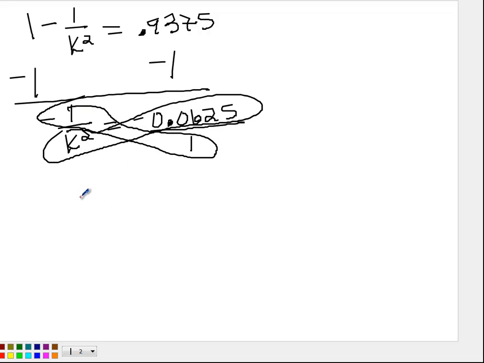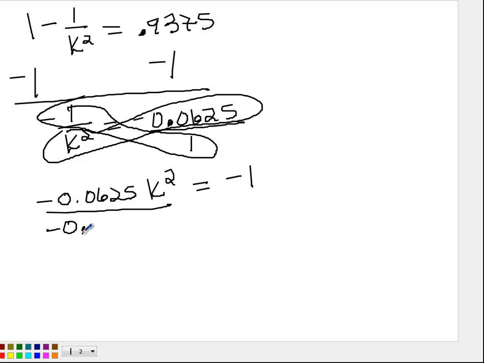My goal here is to solve for k. So when I cross multiply, I get negative 0.0625 k squared is equal to negative 1. The next thing I'm going to do is divide both sides by negative 0.0625. You got to be careful with your signs.